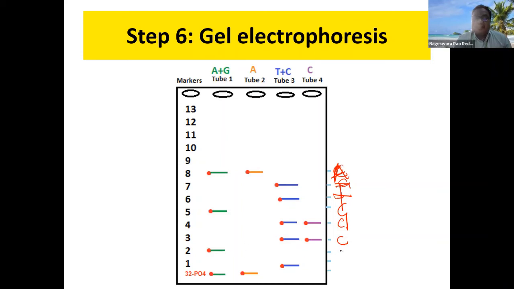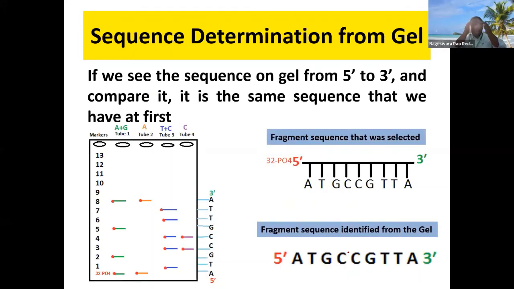And this is actually G here, and then this is T, and same way this is A. This is how we try to derive the sequence using it. So you can see here A, T, T, G, C, C, G, T, A.